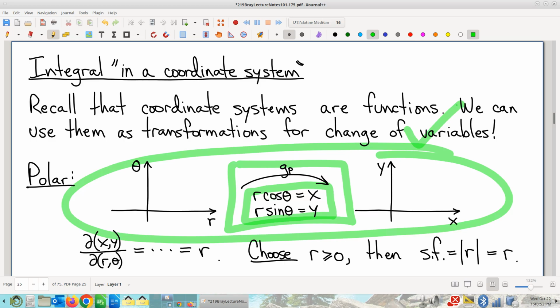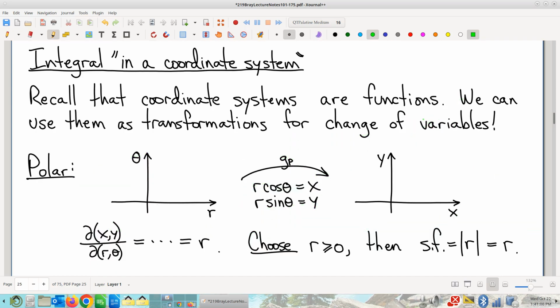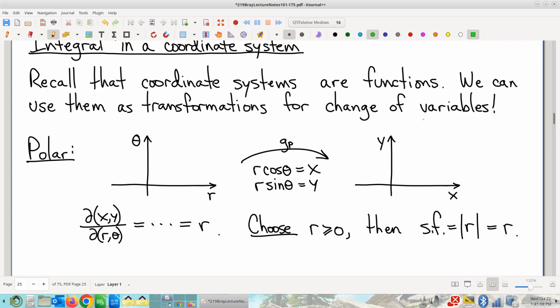It's a really nice point of view. Not only is it a change of variables function, this is one of the most useful change of variables functions.